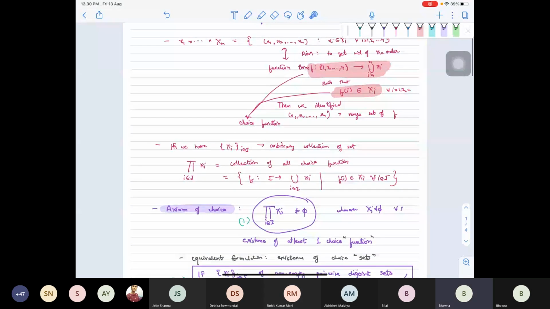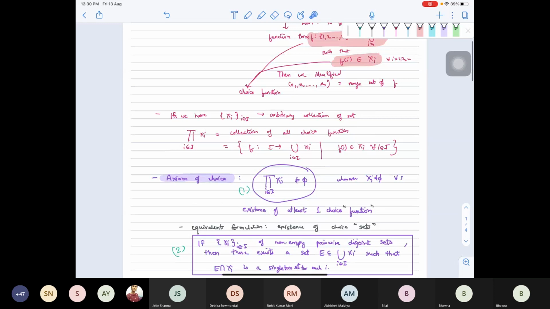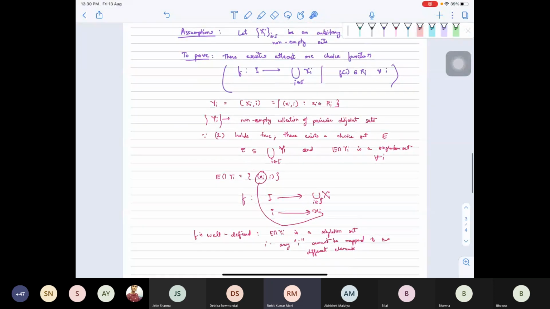I wanted to ask whether we can choose any element of Xi or a particular element of Xi. When we formed the set Yi, at that time we chose an element from Xi, and with respect to that we mapped Xi comma i.